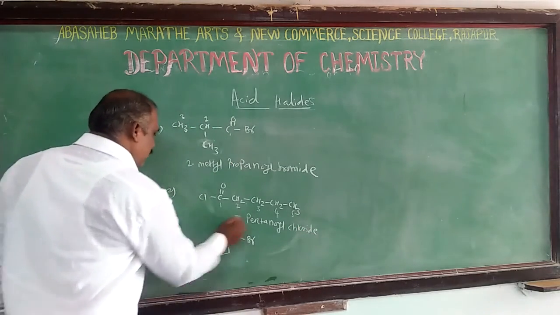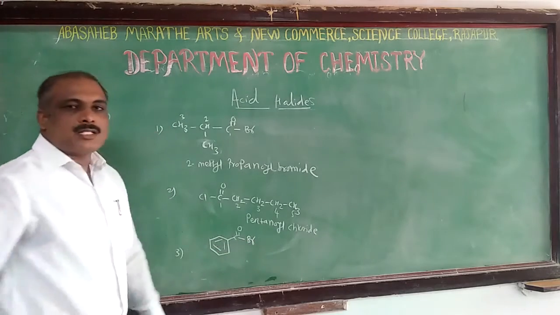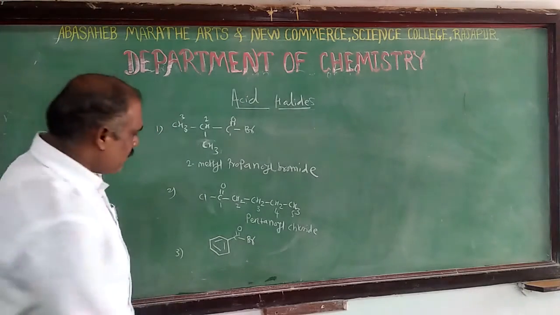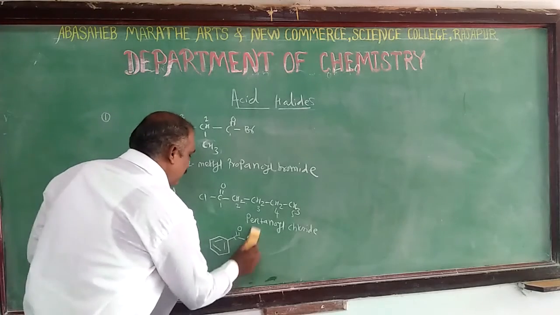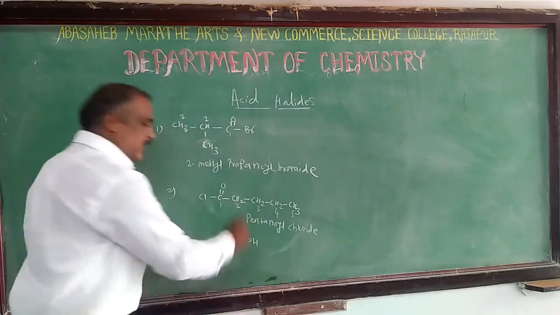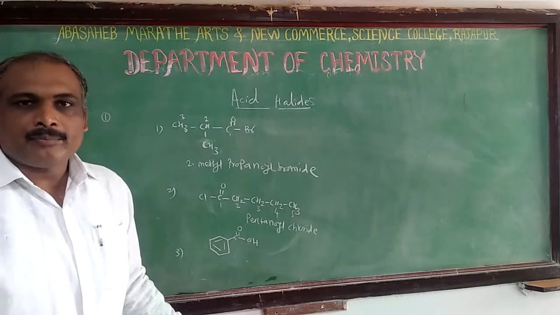Next, it is a benzene ring. It is a derivative of benzoic acid, right? Because if this halogen, bromine, is replaced by OH, what is the name?